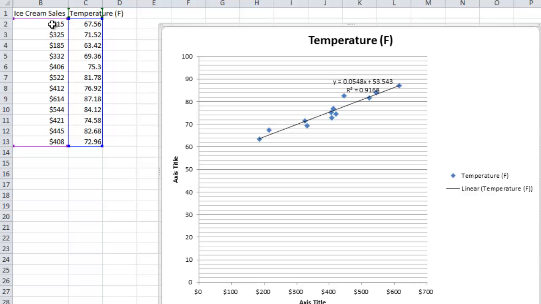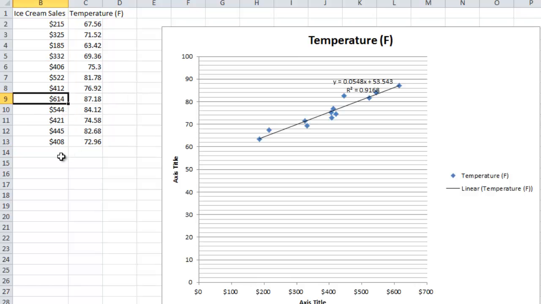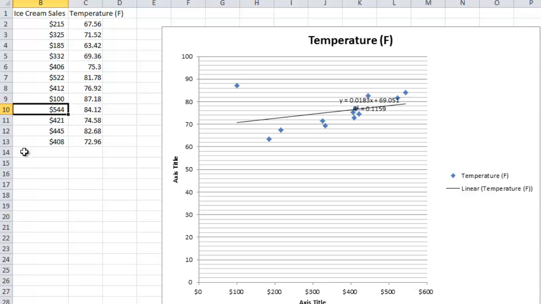Okay, generally the sales go up as the temperature goes up. Let's say, okay, here's a high temperature of 87.18, but let's say that my sales are $100 instead of what they were. Now you notice I've got high temperature, low sales. My line all of a sudden has flattened out.